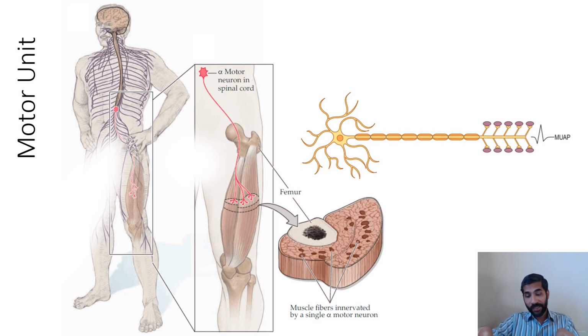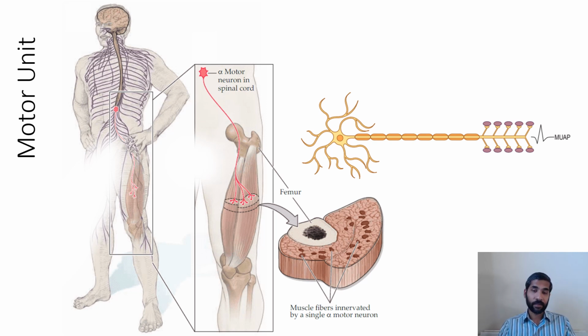So all these muscle fibers that are connected to a single neuron are together called a motor unit. And this will become important in neurological measurements, because sometimes what we want to do is stimulate a motor fiber and look at motor unit action potentials, if we are able to do that. So those are motor units.